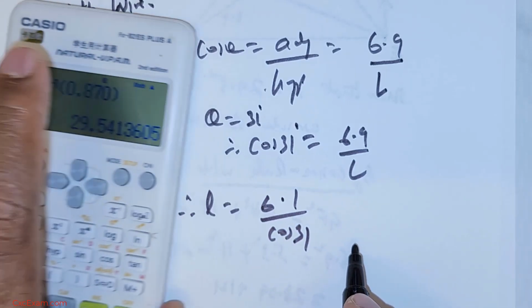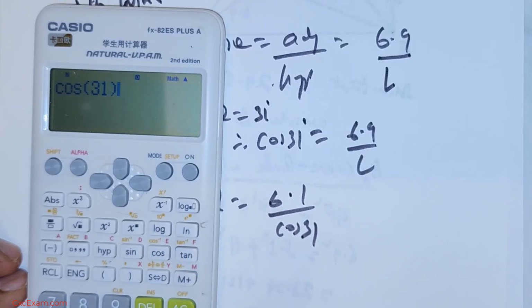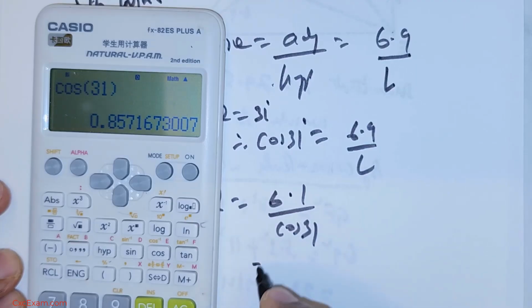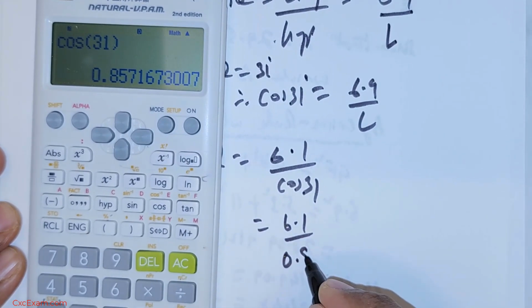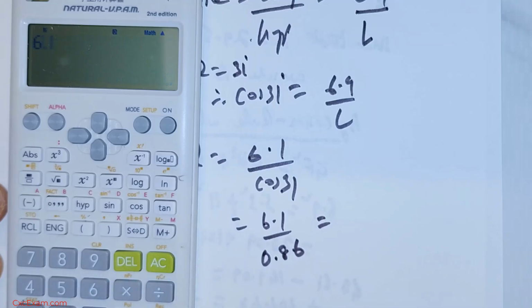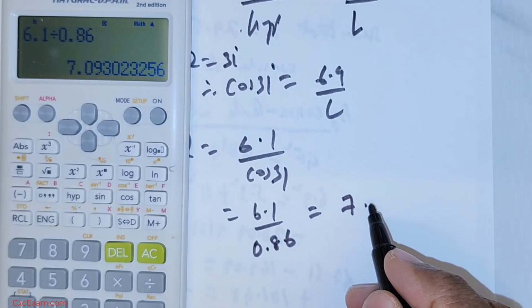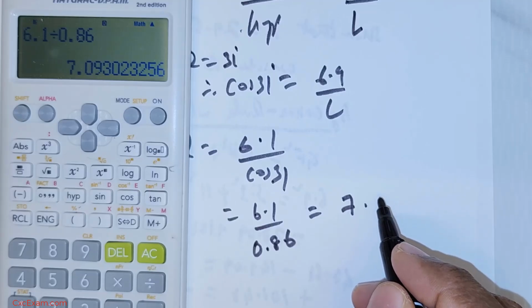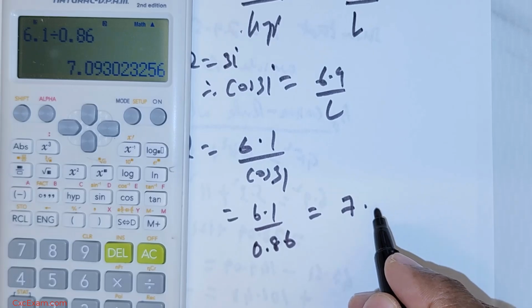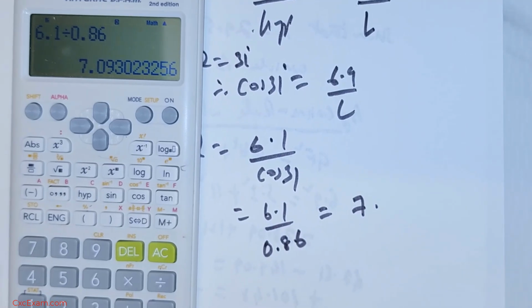So what is that going to be? First find out cos 31. So 6.9 divided by 0.86. How much is that? We are getting approximately 7.9, so we will have to check this measure.